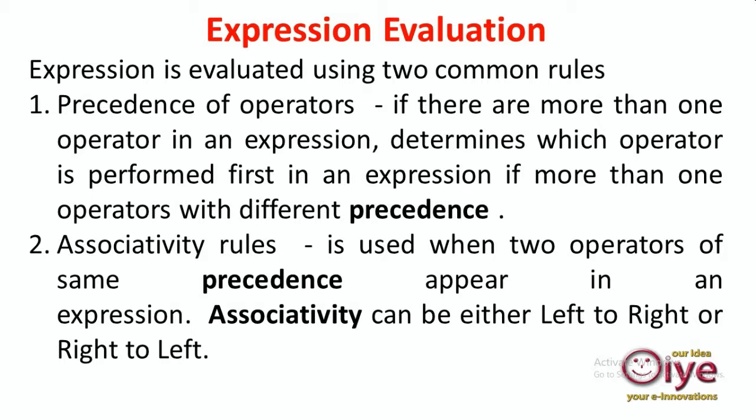Along with precedence, it will check whether that operator is from left to right or right to left. In Java, there are three kinds of operators which are from right to left, and all other operators take associativity from left to right.